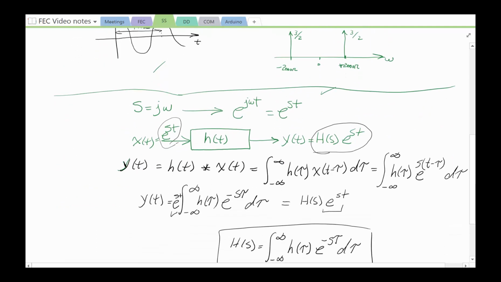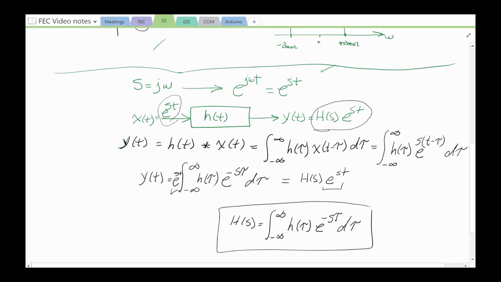And then later on, we came down here and talked about how, if my input happened to be just e to the j omega t, and this is a linear system, we can combine a whole bunch of e to the st's together and get more signals out of it.